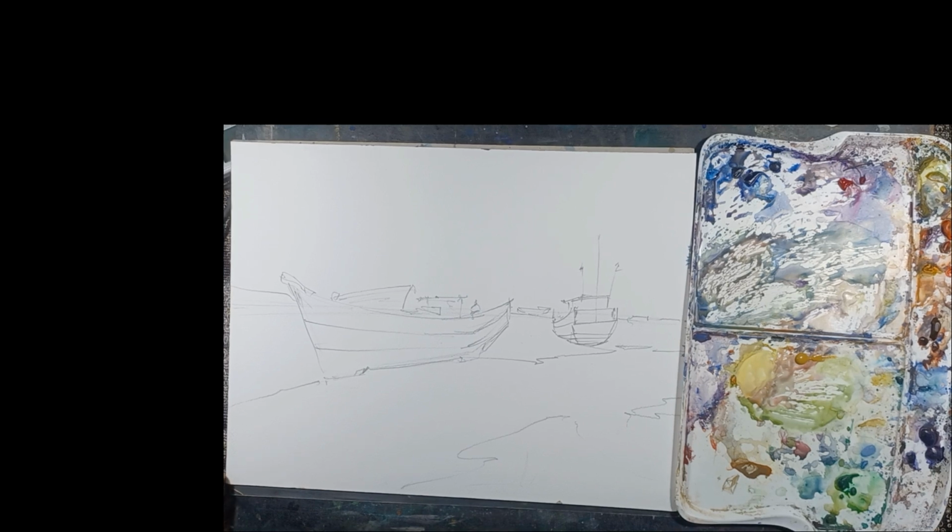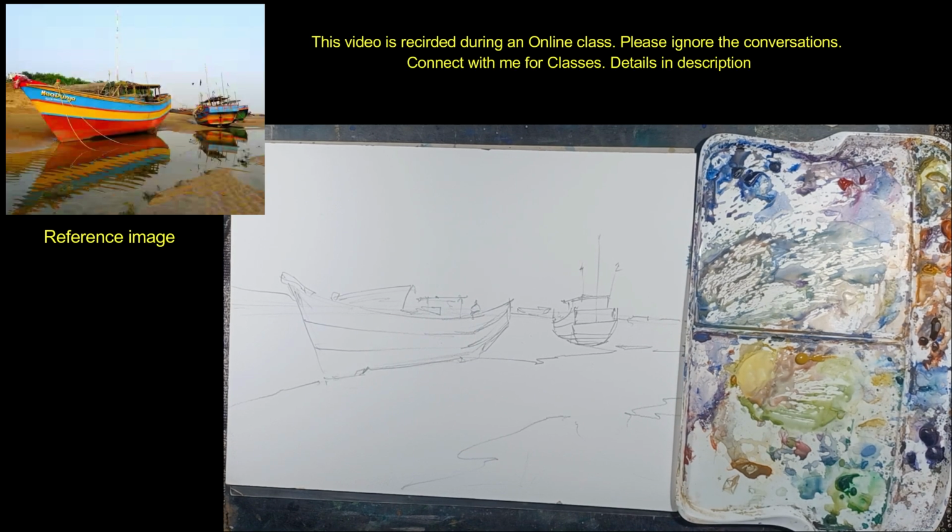Recording in progress. If you see the reference image properly, can you open the reference image once? Open the reference image. Yes, sir. Put the reference image in front of you. If you see, what is the primary color that you see?